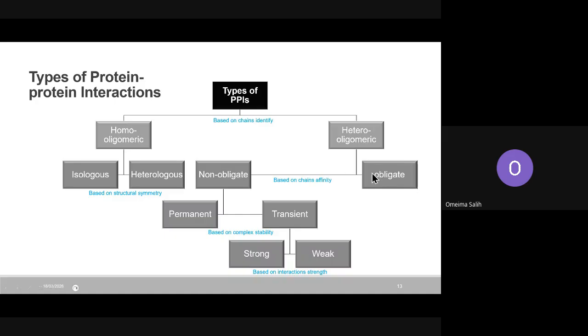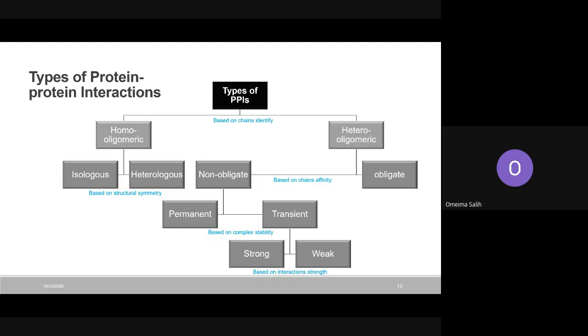So these are the different types of protein-protein interaction based on different characteristics: either on the chains' identity, that means the identity of the amino acid residues between the two interacting proteins, or on structural symmetry, or on chain affinity, or the binding affinity as we call it, or on the complex stability after they combine with each other.